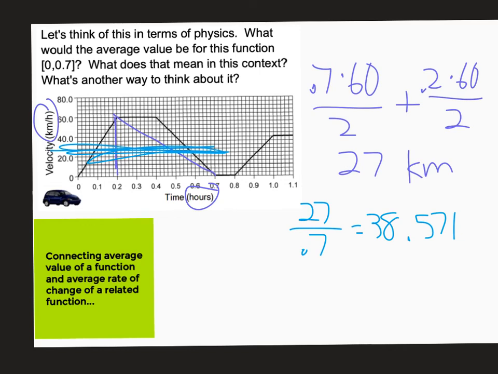And that's in kilometers per hour. Okay, so the units, that's the velocity. So that's the average velocity over that interval, where I had a pretty high velocity up here of 60 kilometers per hour. But as I got to it and as I went away from it, obviously I went slower than 60. So the average was that 38.